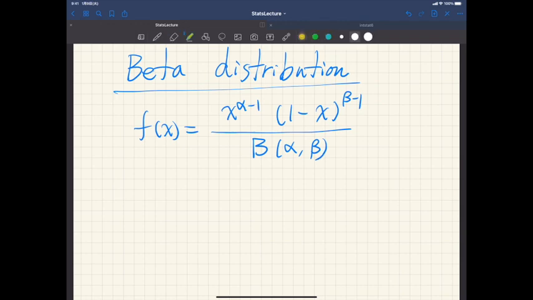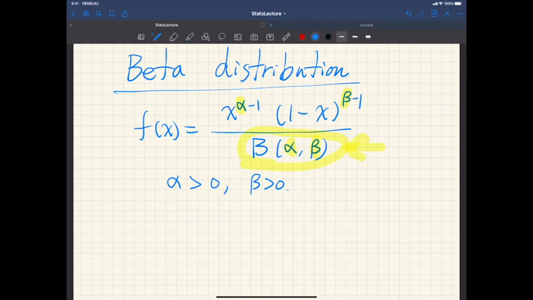This alpha and beta are parameters of the beta distribution, and they have to be positive. And this function in the denominator is a constant. It's called the beta function. It is here just to make this probability distribution normalized.